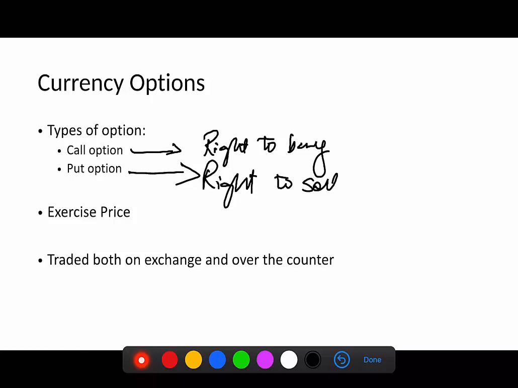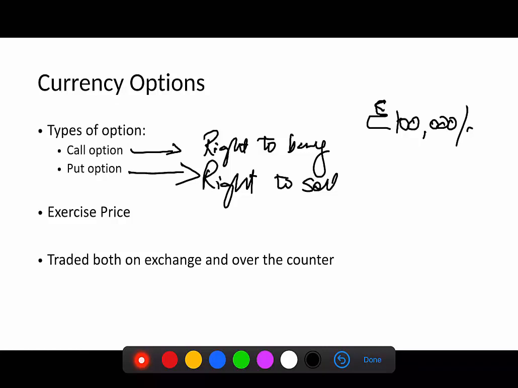You want to be very sure how much you would have to pay in dollars to buy a certain number of euros. Say the euro payment you have to make is 100,000. You want to be sure how many US dollars you need to pay to get these, because you eventually have to pay the exporter in euros.